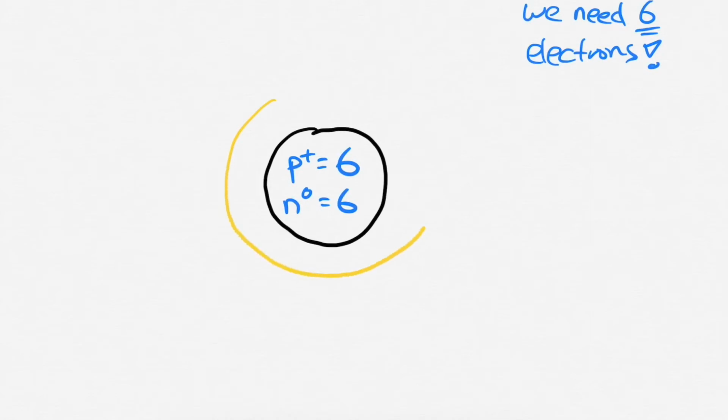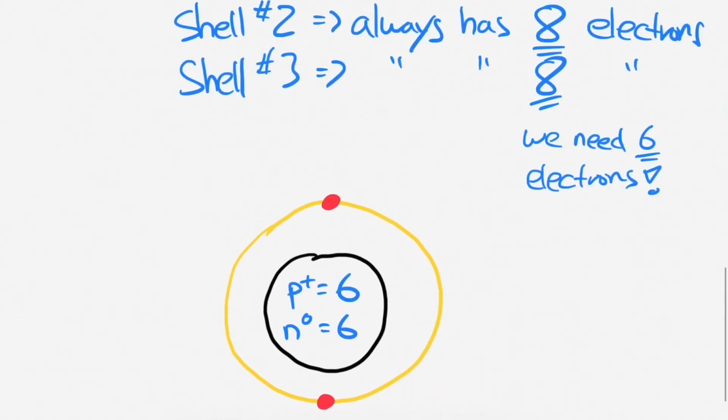And it always has 2 electrons. And the way that we're going to draw these electrons on is we're going to start at the top. We're going to draw our first electron. There it is. And then we're going to go to the bottom, and we're going to draw our second electron. So now there are 2 electrons in our atomic model.